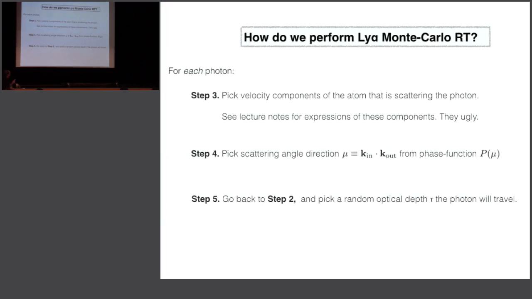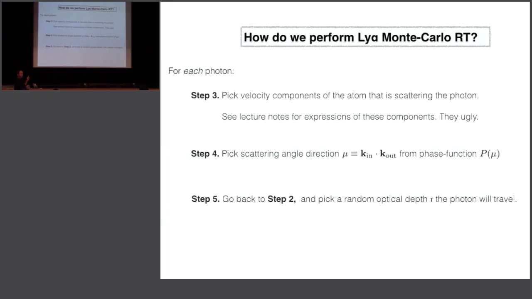Then, once you've done that, you have a photon again propagating in some direction. Once we've specified the atom's velocity and the outgoing direction, the frequency of the outgoing photon after scattering is fixed. We don't need to do that; it comes out naturally. So now we have a photon propagating in some new direction k out with a new frequency x, and we go back to step 2.